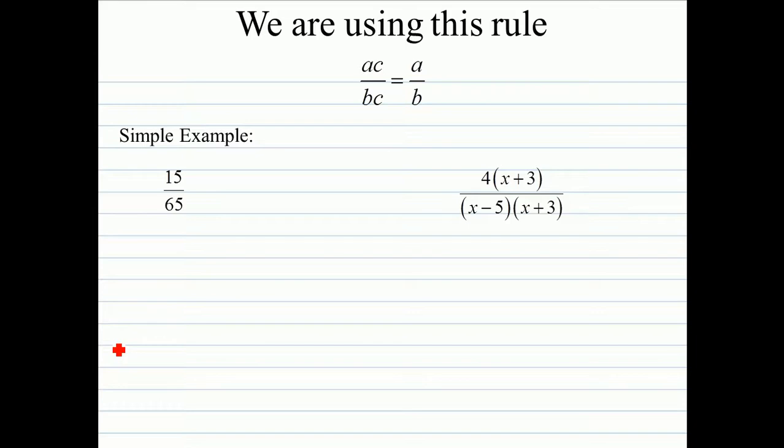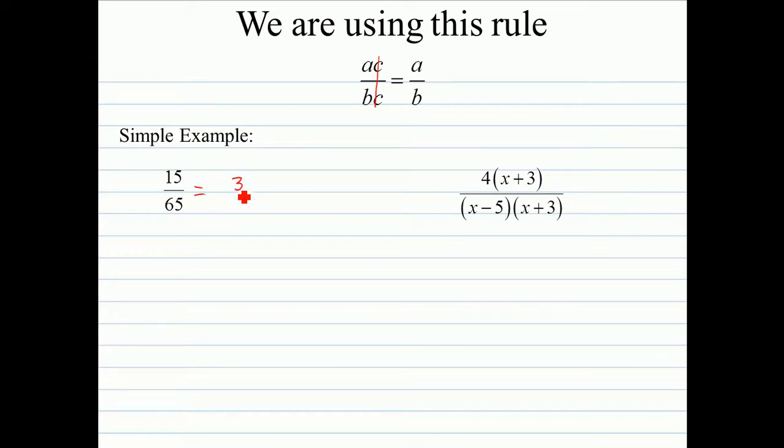So understand that we're using this rule right here. Say you have AC over BC. That can simplify. In other words, these two terms can cancel out, and you're just left with A over B. It works with pretty much every rational expression that you have, as long as you can break it apart and simplify it. Say, for example, you have 15 over 65.